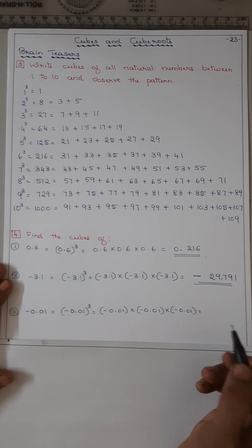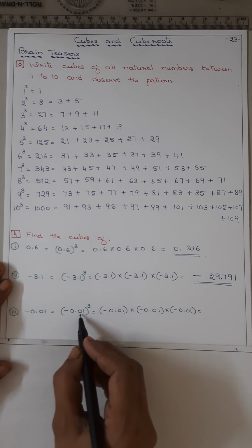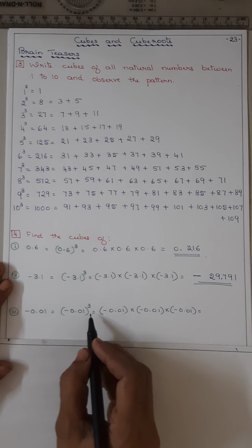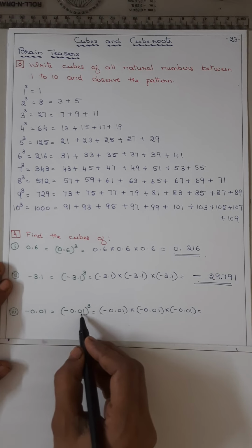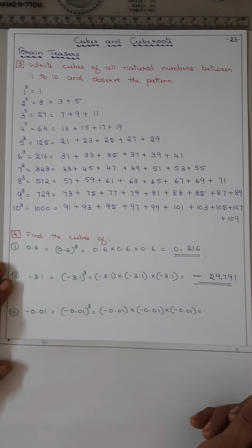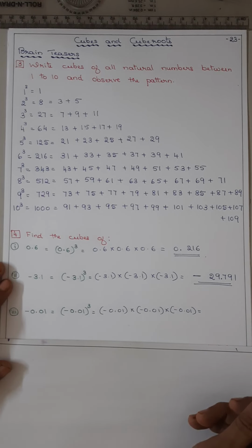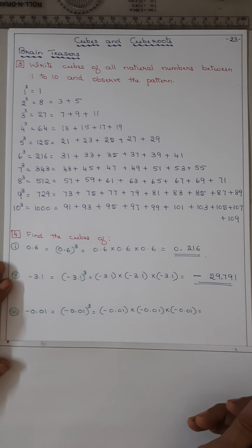Now here, minus 0.01, minus 0.01, minus 0.01. 1 cube is 1, but how many decimal places will the cube have? Here it is 2 decimal places, so the answer will have 6 decimal places. 1 decimal place, the answer will have 3; 2 decimal places, the cube will have 6.